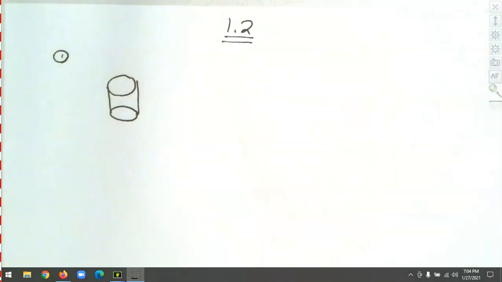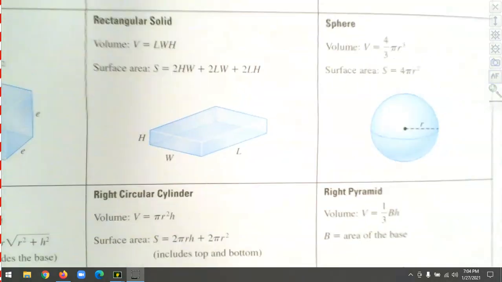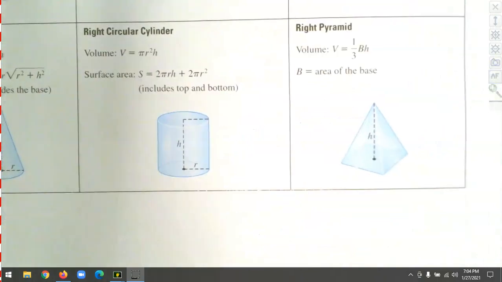Now we need to go to the back cover of our textbook and look at the geometric figures to see which one we need to use. What does it look like? It looks like a right circular cylinder, doesn't it? So we're going to be using the formula for the right circular cylinder.